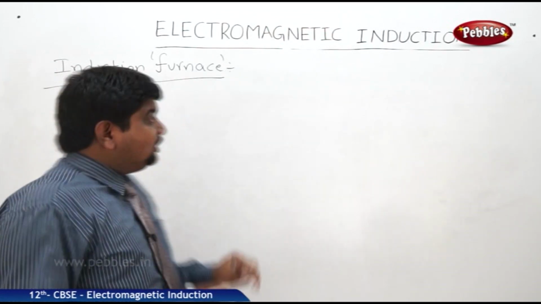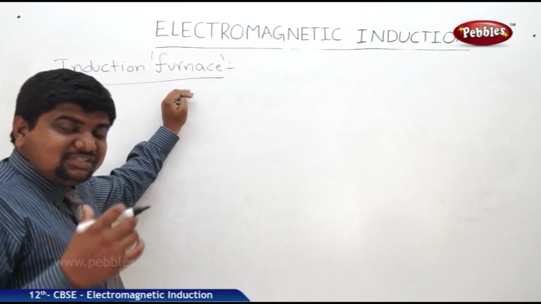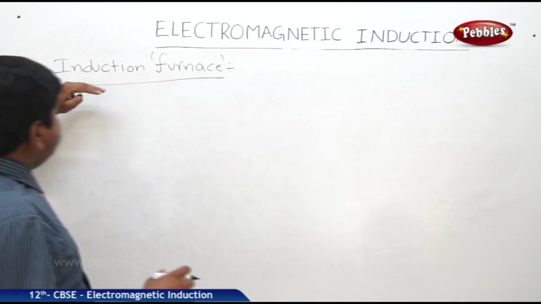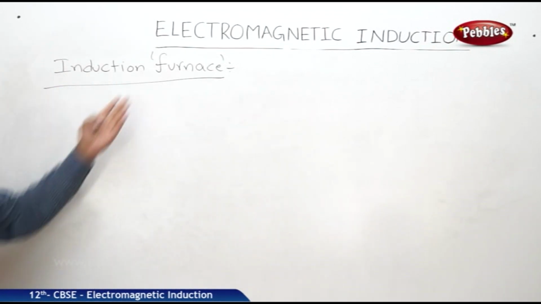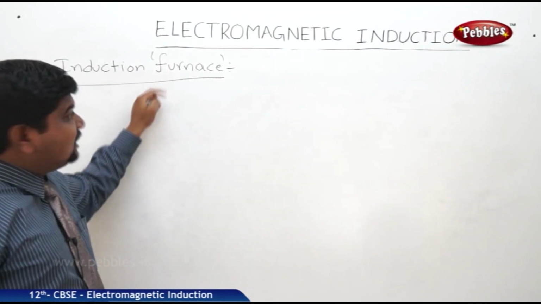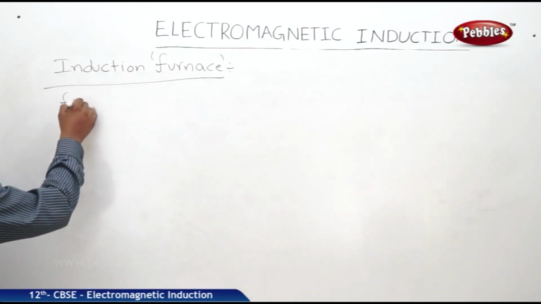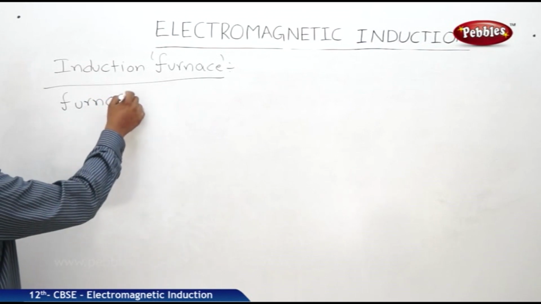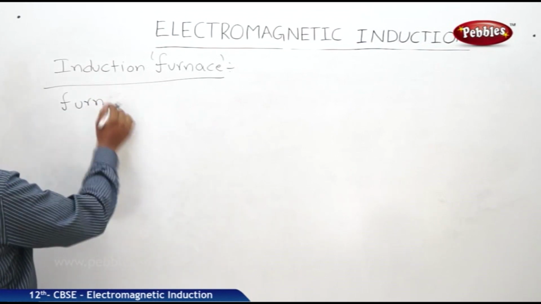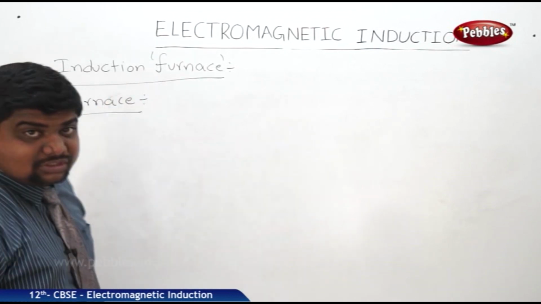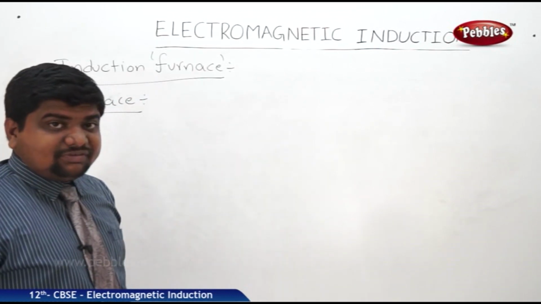It is very difficult to produce those temperatures with our natural sources. That's why we are using the induction furnace. We can see induction furnaces in many vehicle showrooms. What is the use of the furnace? The iron metal's melting point is almost 1700 to 2000 degrees Celsius. It is very difficult to produce that much temperature.